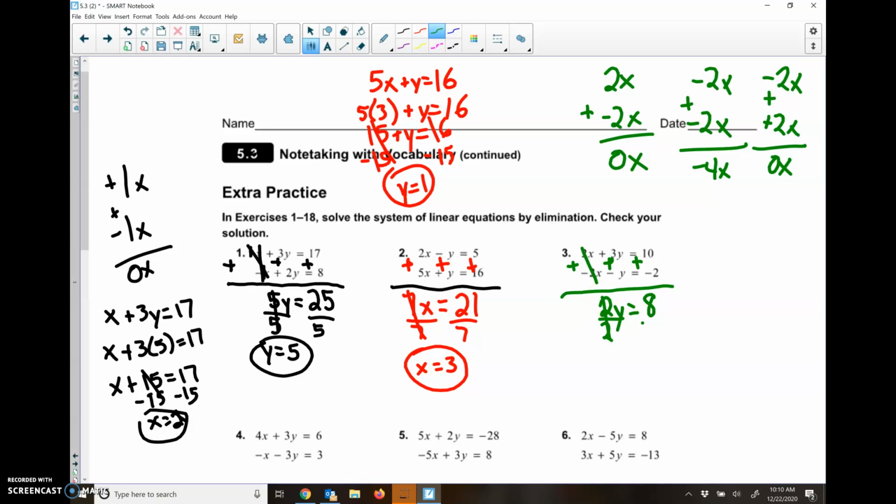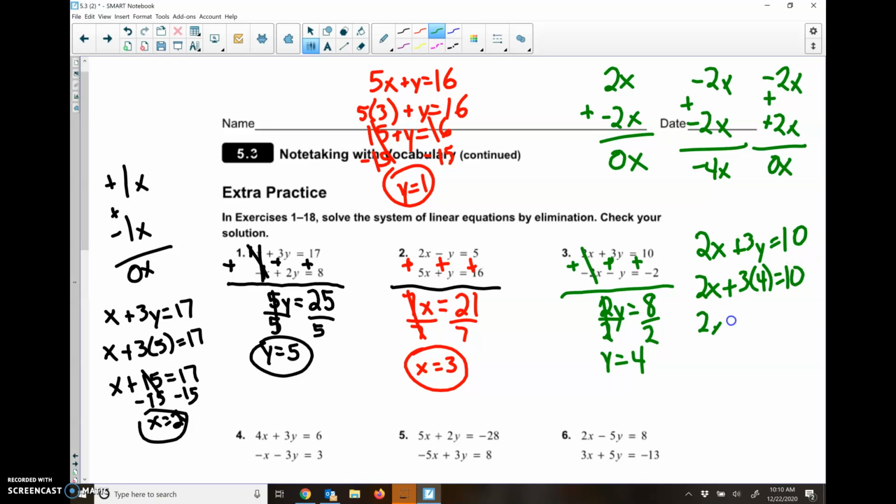So I'm going to divide both sides by 2, and I figure out y equals 4. All right, same thing, y is 4, so I'm going to use that top equation. So 2x plus 3y equals 10. And now I figured out y is 4. So instead of 3y, I'm going to put a 4 in there.